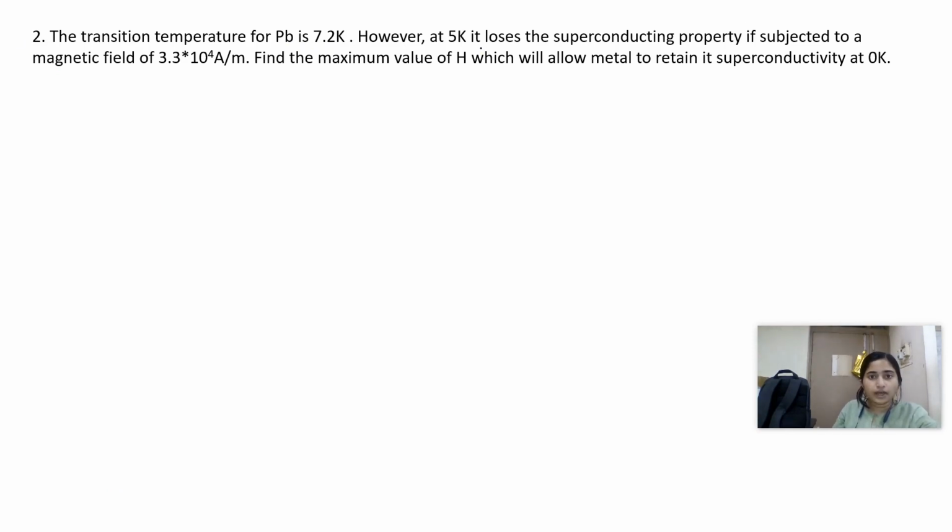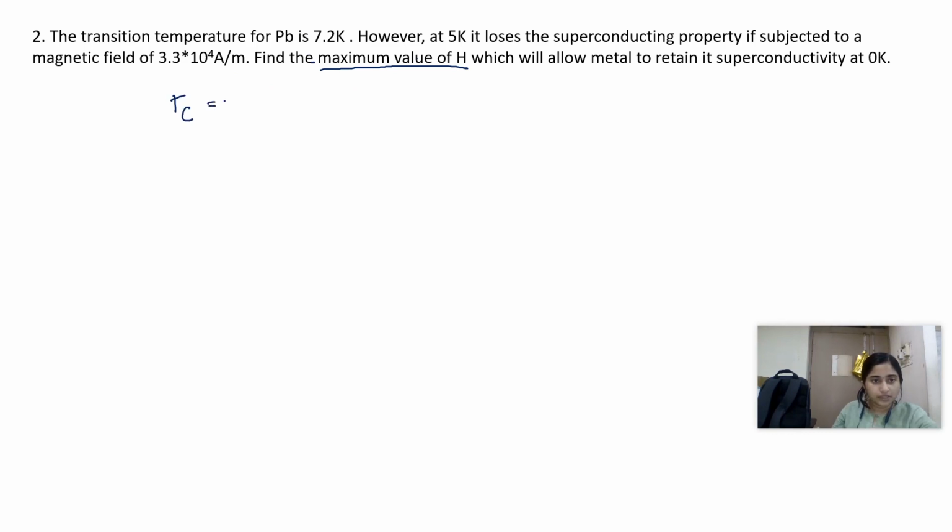However, at 5 Kelvin it loses the superconducting property if subjected to a magnetic field of 3.3 times 10 to the power 4 ampere per meter. Find the maximum value of H which will allow the metal to retain superconductivity at 0 Kelvin. So here you have to find the value of H0. As usual, first we will write the given parameters.